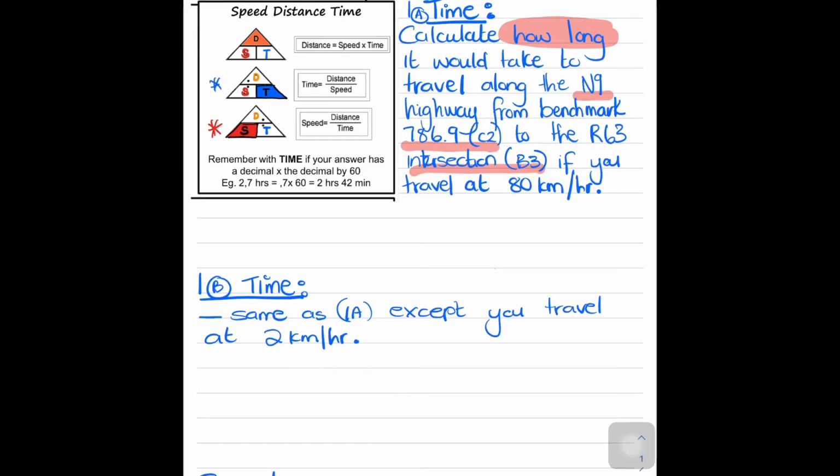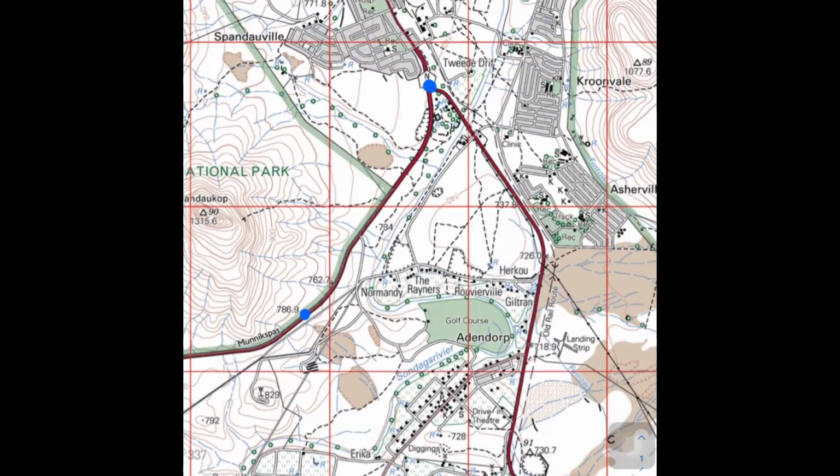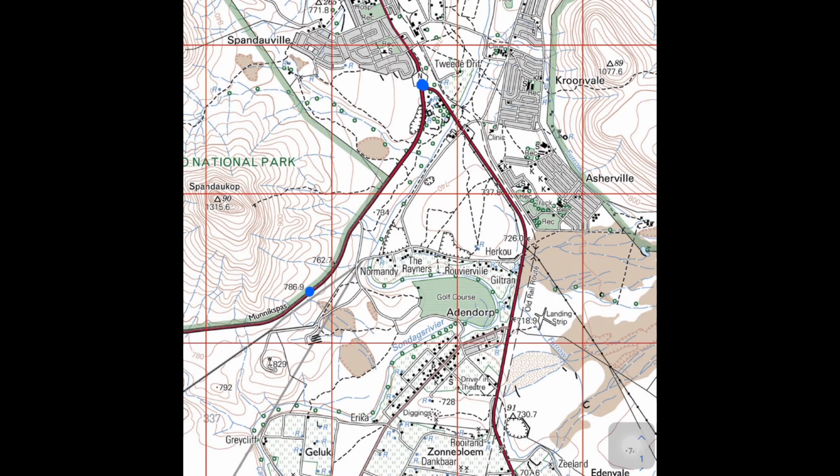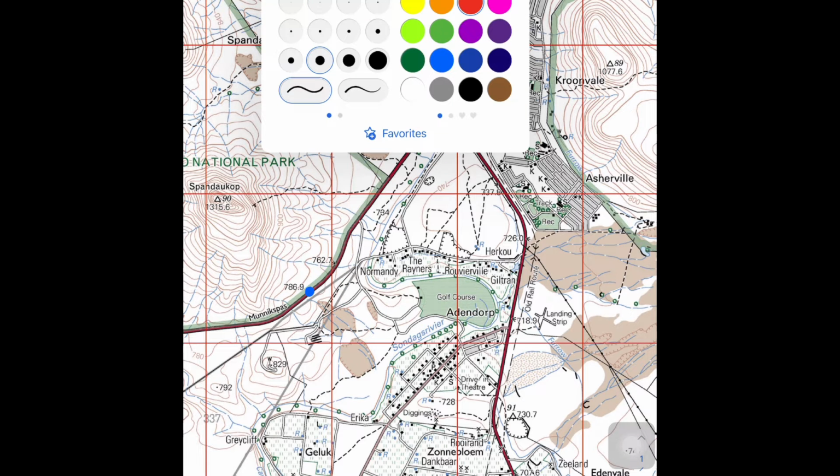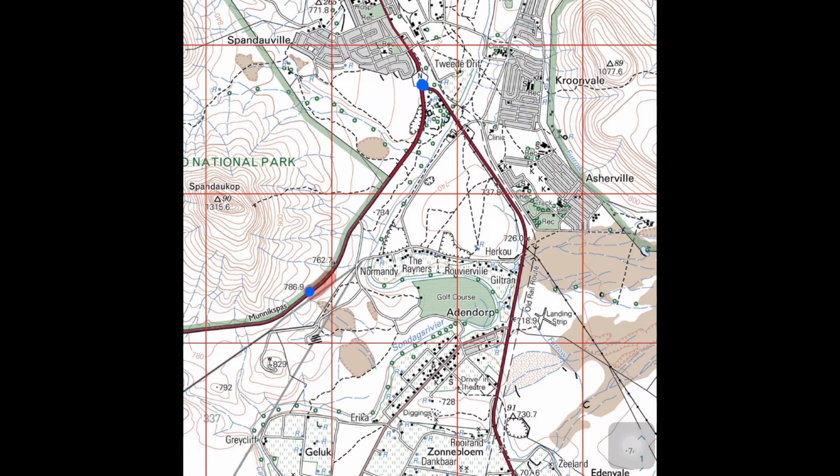So if we quickly have a look at what that looks like on our map to remind ourselves of the route, you're starting here at benchmark 786.9. You're traveling along that road and you're ending up at the intersection with the actual arterial route.